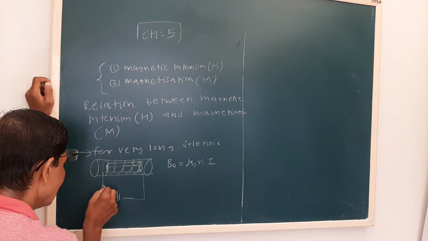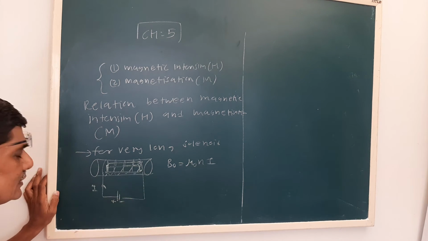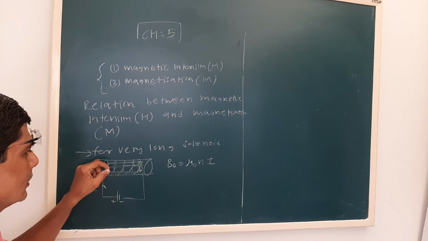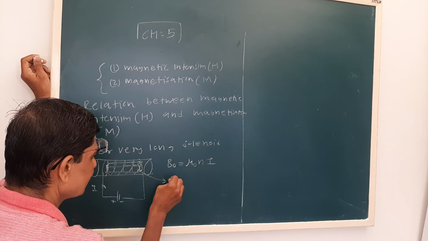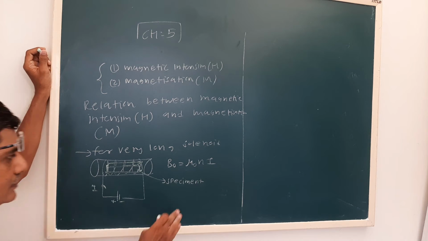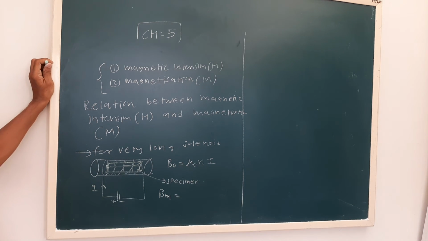Initially, when air was the medium, the magnetic field of a solenoid was like this. Now, because of the magnetic property of this specimen, an additional magnetic field Bm is produced.